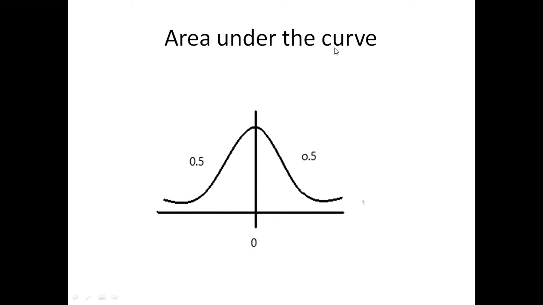When it is converted into the standard normal distribution, its mean is always in the center, equal to 0, and the total area under the curve is always equal to 1. As it is symmetric, when we divide it into two halves, the area less than 0 and the area more than 0 are 0.5 and 0.5.